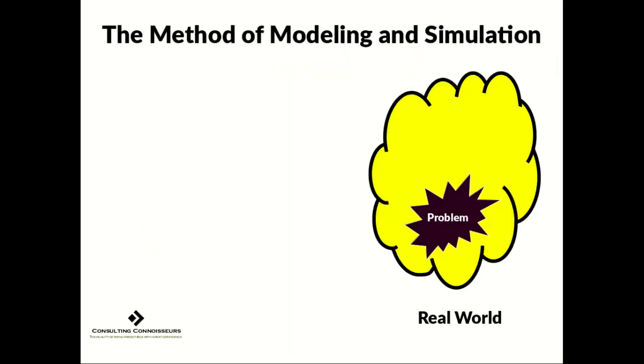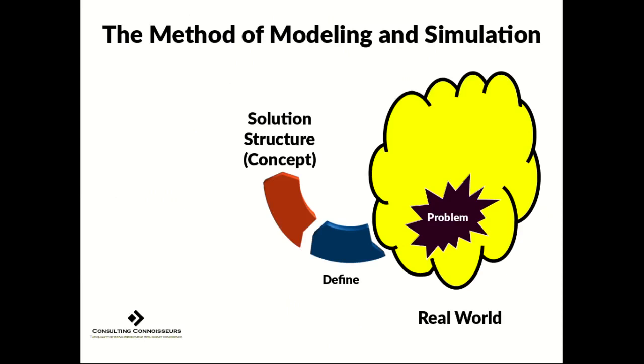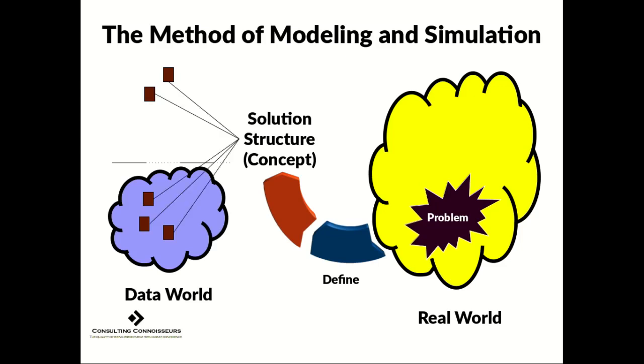So, modeling and simulations begin with an attempt to understand a problem or an application in the real world. Once the problem is defined, it develops a structure to map the data that is required to solve the real-world problem. This data might be available in an existing data set within the organization. However, most times, this may not be the case. In other words, what one has as data may not be the one that one is looking for.